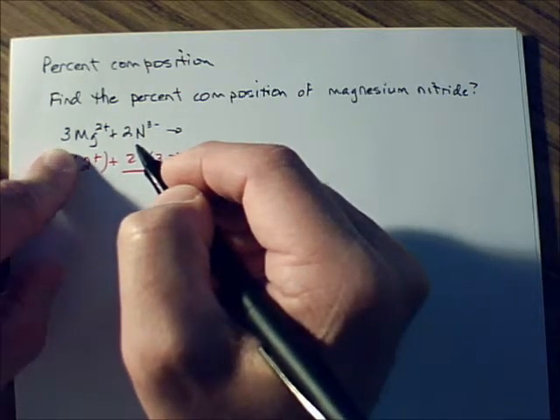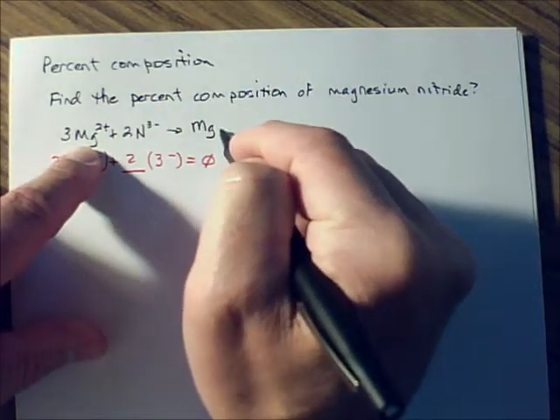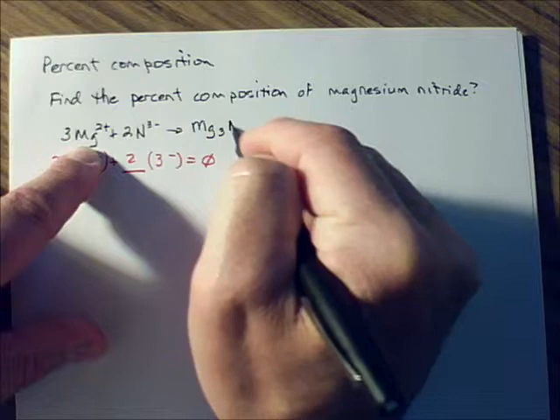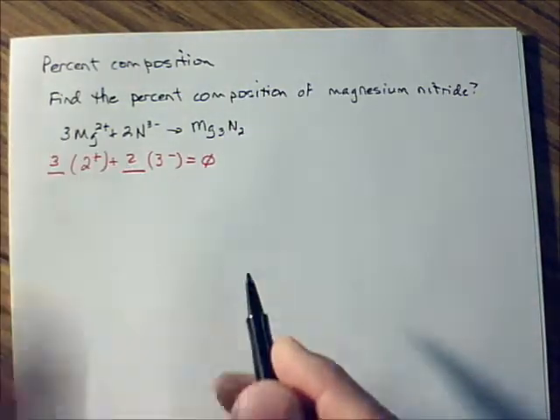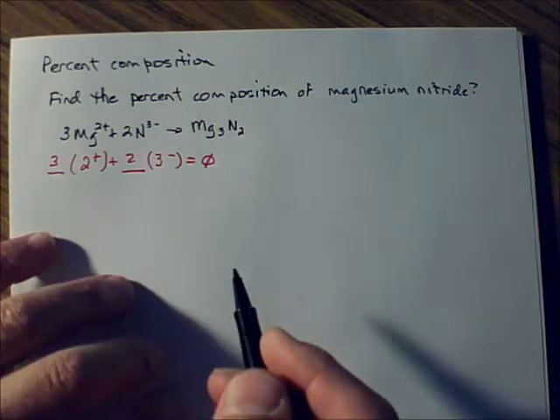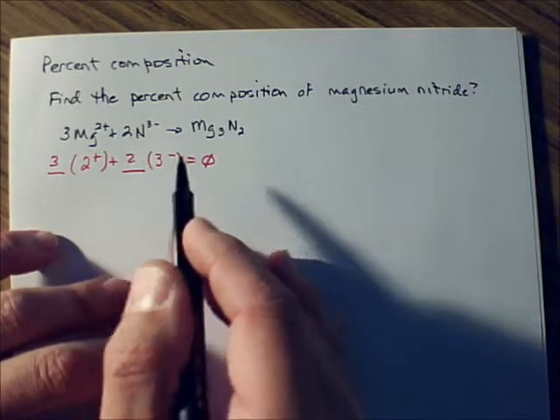So we've got magnesium with a subscript 3, nitrogen with a subscript 2 to show they are bonded into a single compound.